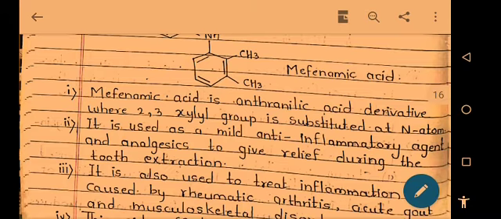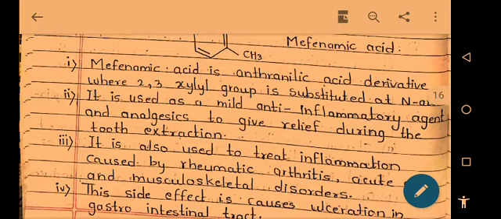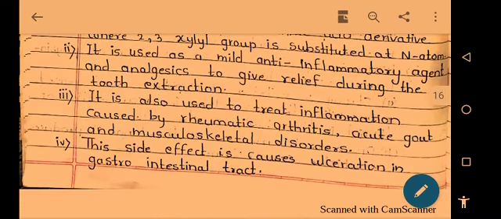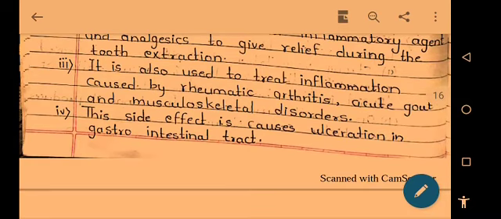It is used as a mild anti-inflammatory agent and analgesic to give relief during tooth extraction. It is also used to treat inflammation caused by rheumatoid arthritis, acute gout, and musculoskeletal disorders. Its side effect is ulceration in the gastrointestinal tract.